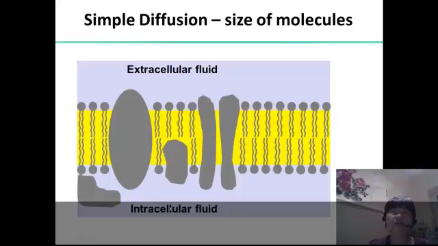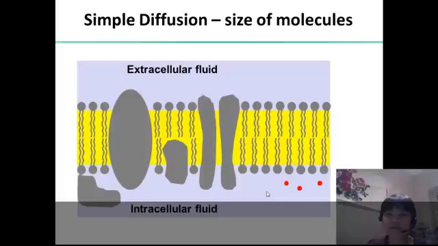So now let's look at the simple diffusion and the size of the molecules. On the background, here is the model that we have drawn earlier with a bilayer of phospholipid molecules, integrated protein, peripheral protein. Now we have a very small size of molecule.